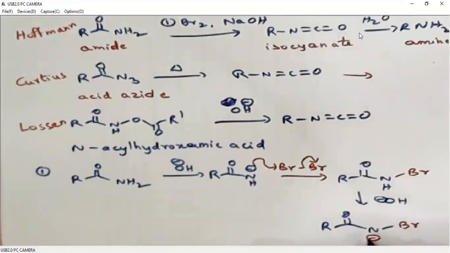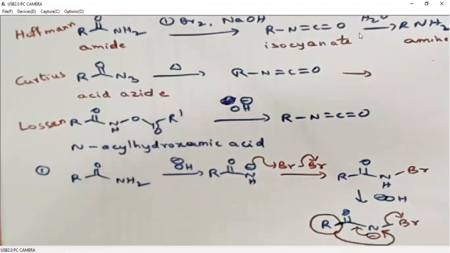This is the amide ion, because in neutral form it is called amide, and because we have one minus charge, it is called amide ion. It will polarize towards C double bond O. Now this alkyl group along with its bond pair will migrate to nitrogen because we have a good leaving group. Bromine is a good leaving group.